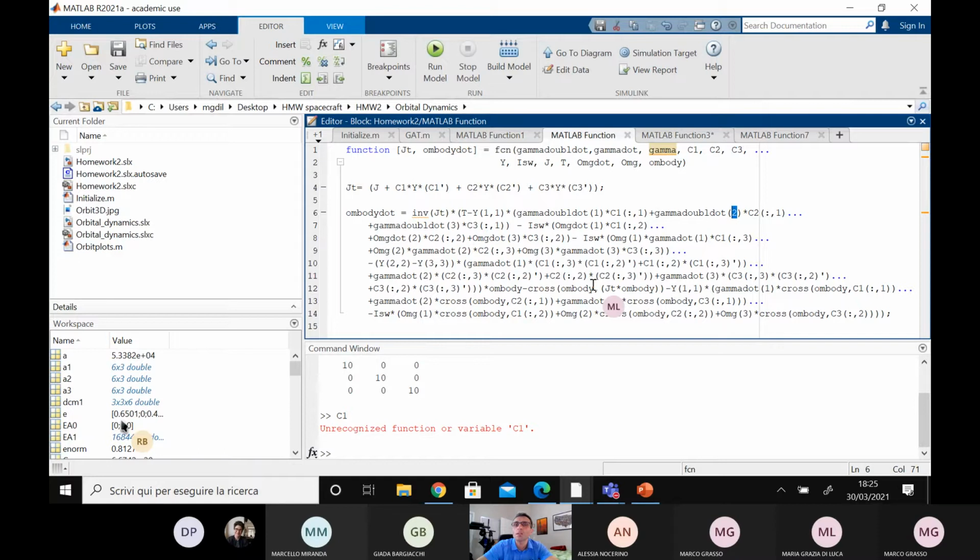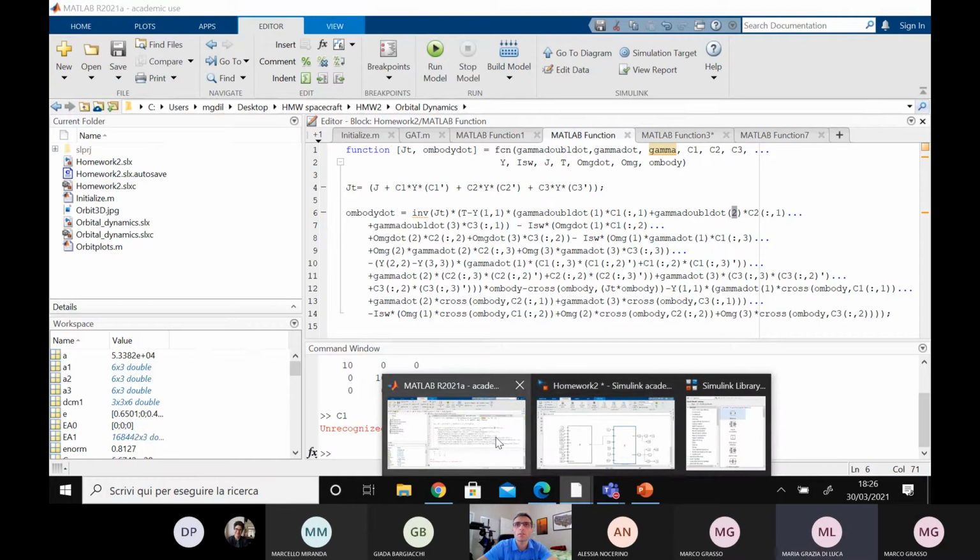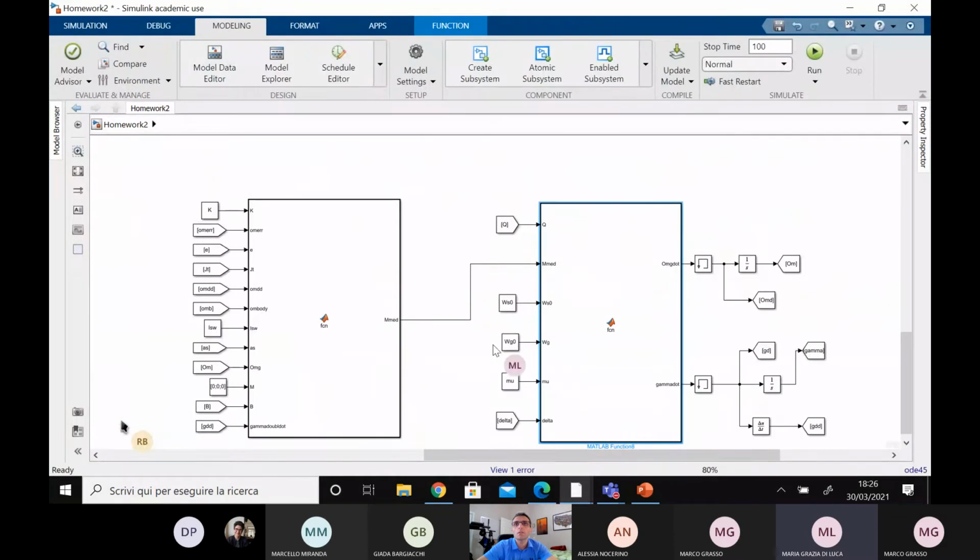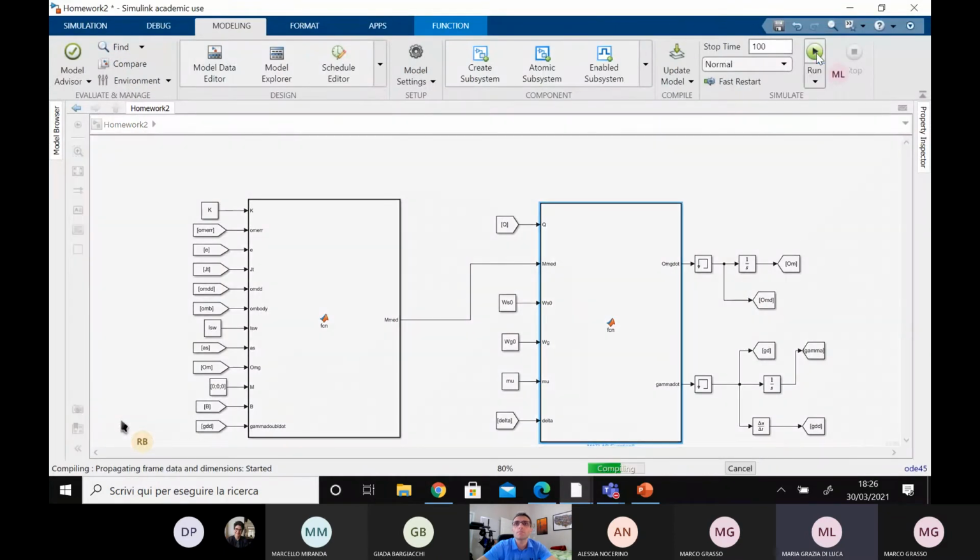Why is it singular? Where is it singular? The error doesn't say. Does it say in which function it is? No, I don't have it anymore. I don't know why. No. Let me run it again.